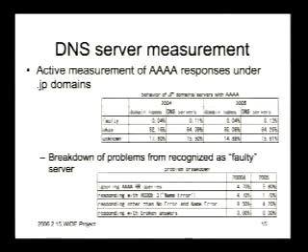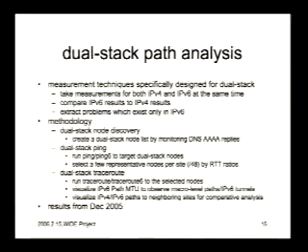And there are other types of servers that return other kinds of errors. So the percentage is small, but still these servers are out there, and when people are using IPv6, users sometimes encounter these problems.